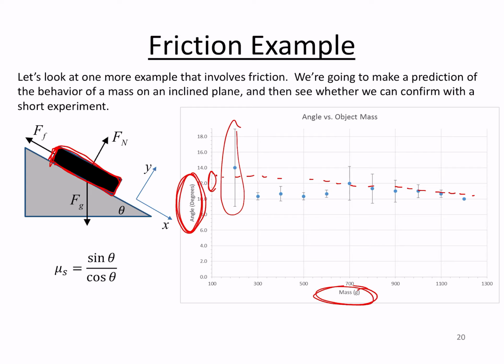What this basically shows is that there's either a very weak or no dependence at all on the mass of this block versus the amount of degrees you need to tilt it up to get it to break away. And that's exactly what this expression is telling us, which is that theta is wholly dependent just on the surfaces that are in contact, those materials, the roughness of those materials, all of that kind of stuff. And that's pretty cool, okay? Completely independent of mass.